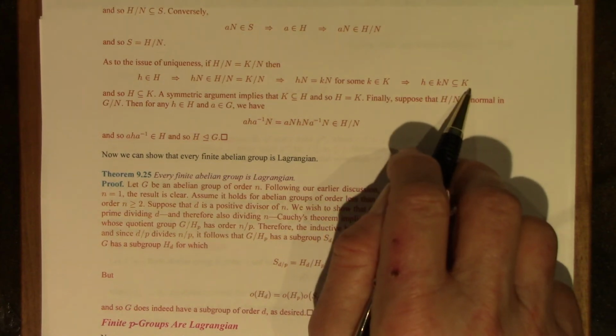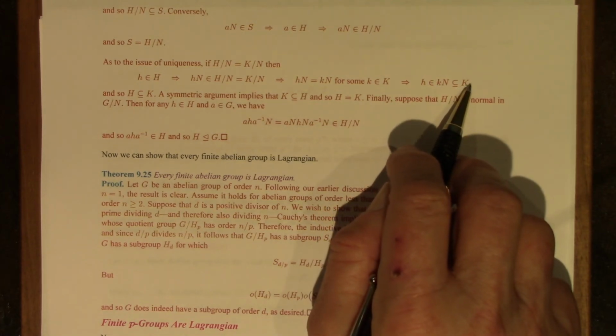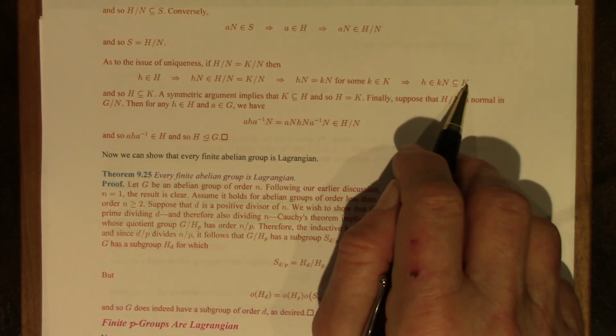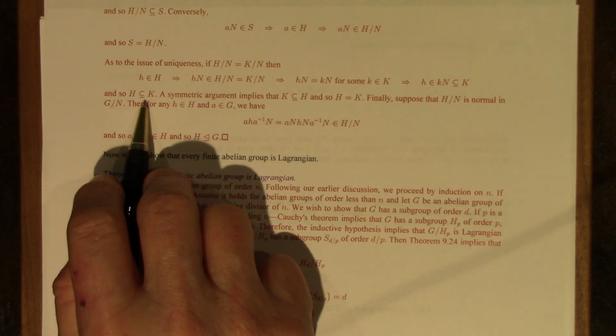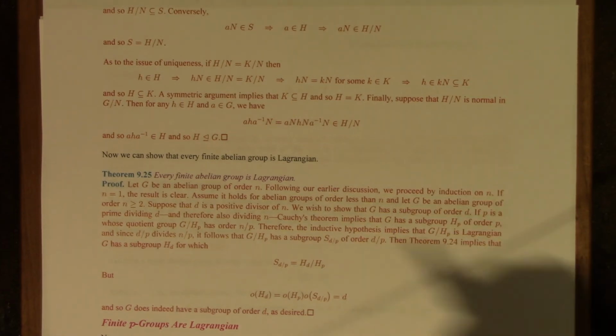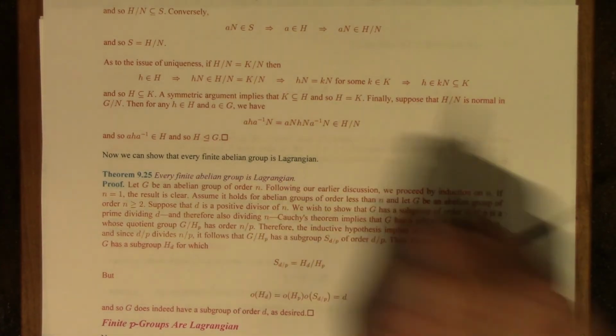But this is contained in capital K, because N is a subset of capital K and little k belongs to capital K. So anything in capital H is also in capital K. So H is a subset of K, but there's a symmetry here between H and K, so we can do this same argument with H and K reversed. They'd be equal.